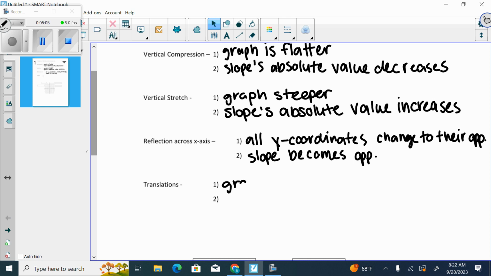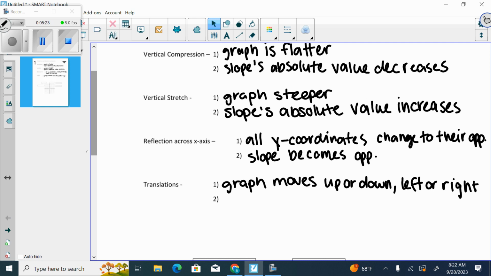So here, this is when your graph moves up or down or left or right. The one thing that doesn't change here is your slope. Your slope would stay the same. It's that y-intercept, or the piece towards the end, that is going to be changed. So slope doesn't change.